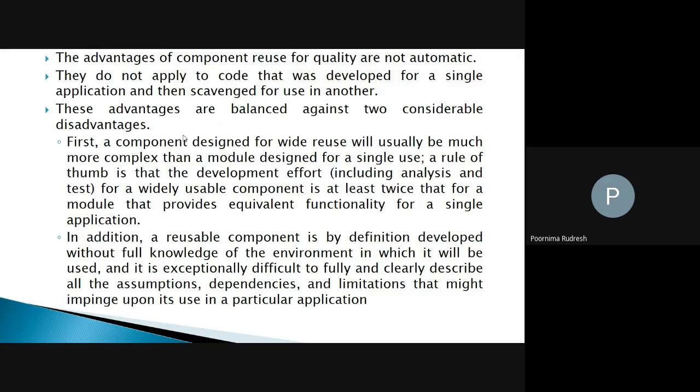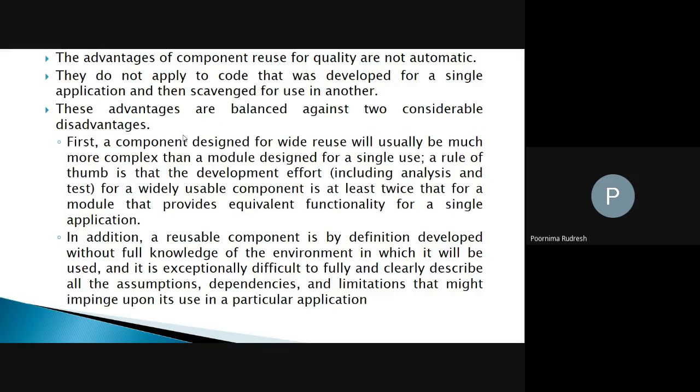Since we are using the component in different scenarios or applications, obviously the complexity of that component increases, and this complexity is more when we compare it with a component developed for a single use.